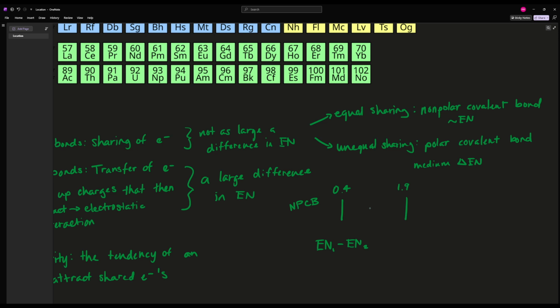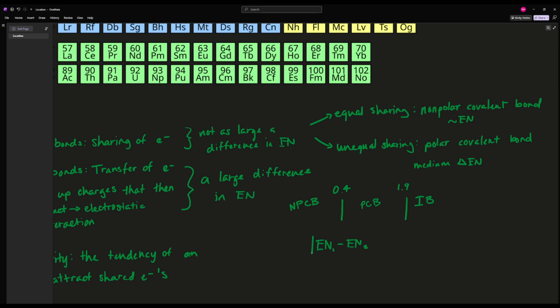Okay, what about a medium difference, right? It's a little bit more than 0.4, maybe 0.6, 0.7, somewhere around there. But it's not super high. Well, that sounds like our polar covalent bonds. And then finally, it's super high, right? One is really, really wanting those electrons, and the other one doesn't care. That's our ionic bond.